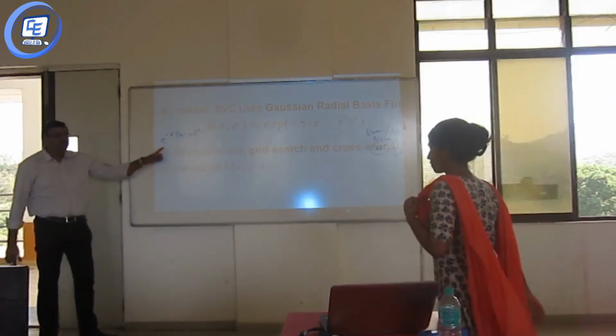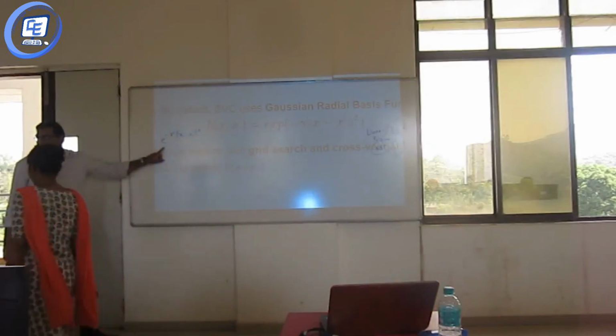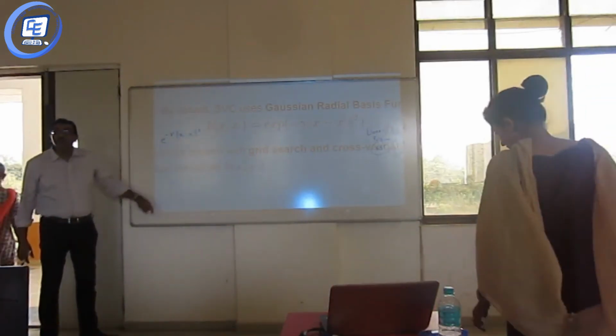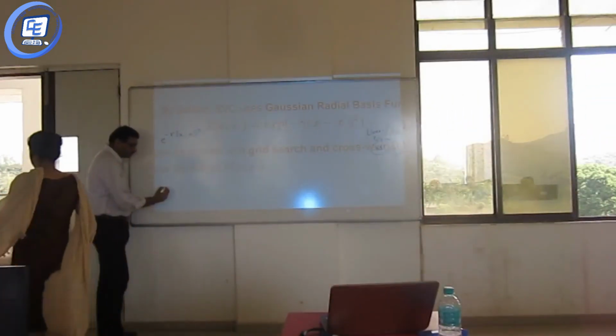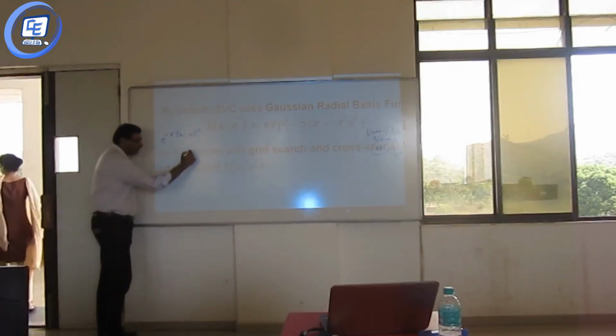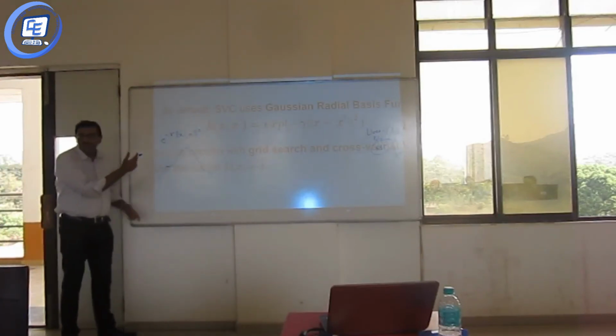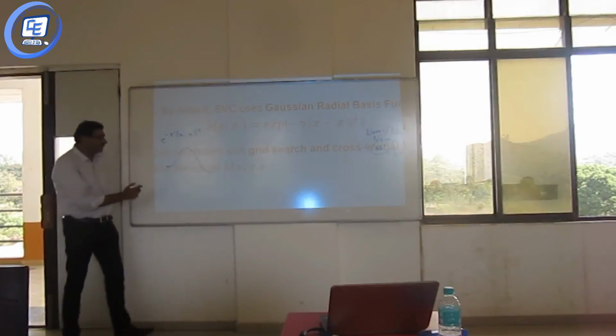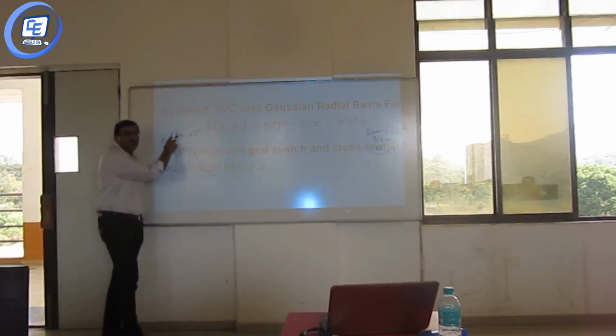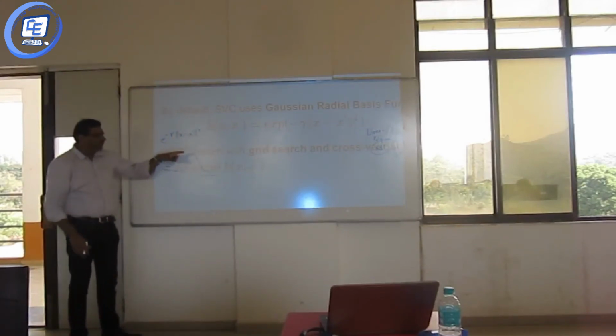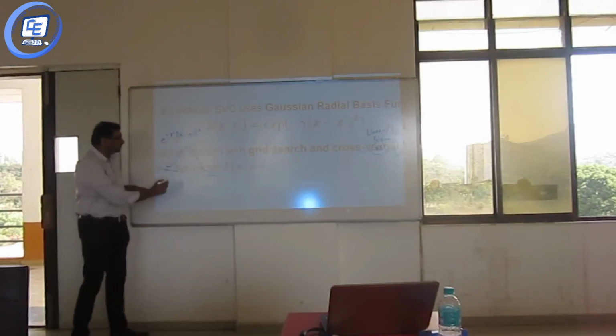This is the distance between two vectors x and x dash. If you were to plot this, it is similar to a Gaussian curve. So let us try to understand the interpretation of this over here. Suppose this is x dash.